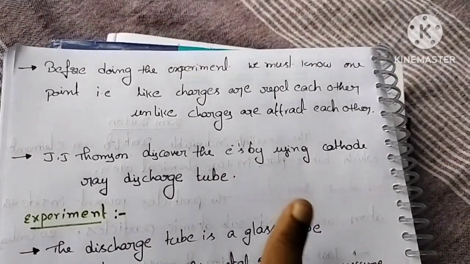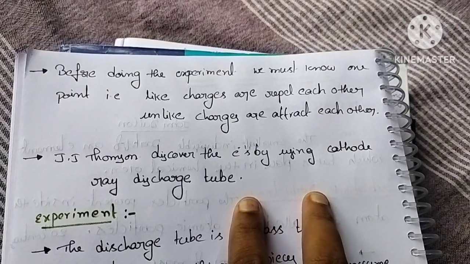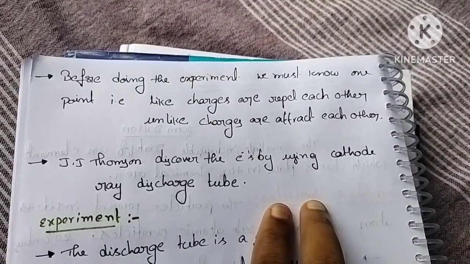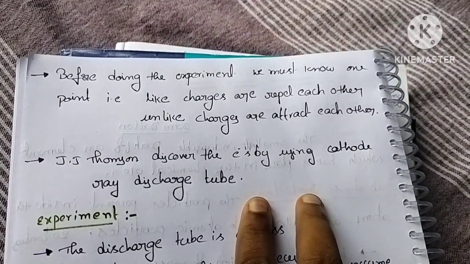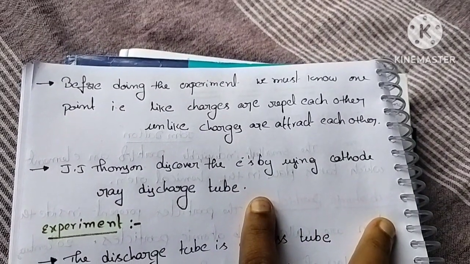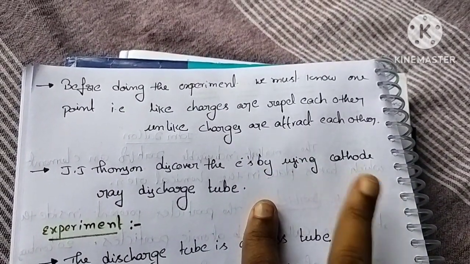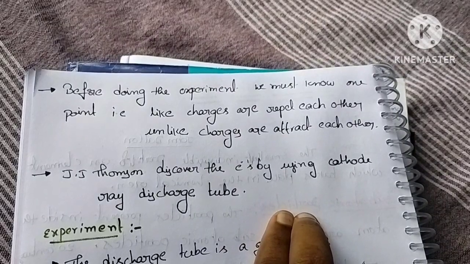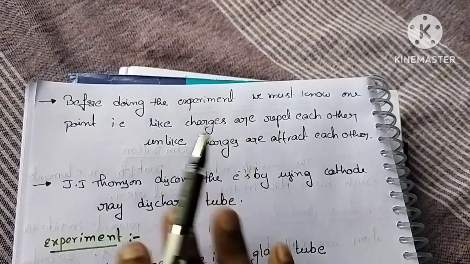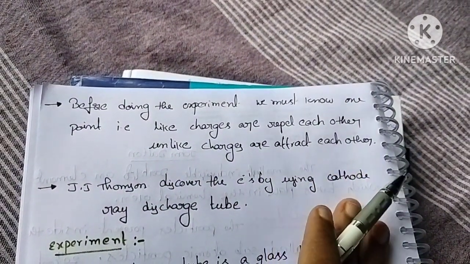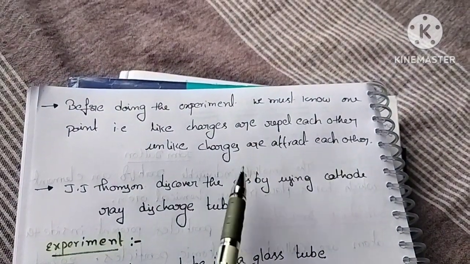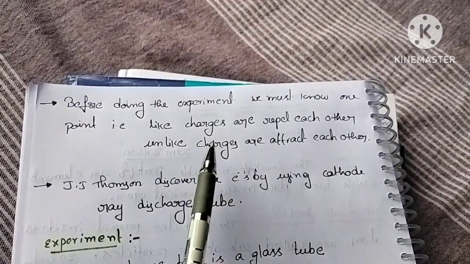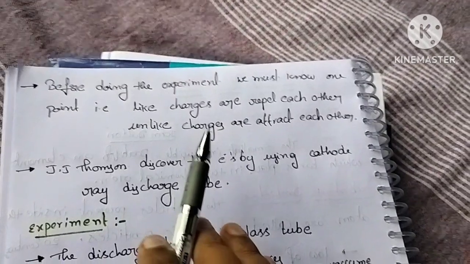That means if two positive charges come near each other, they always repel, while positive and negative charges always attract. These two points are very important.